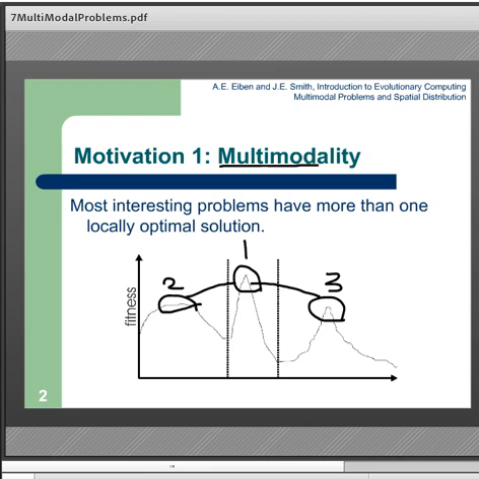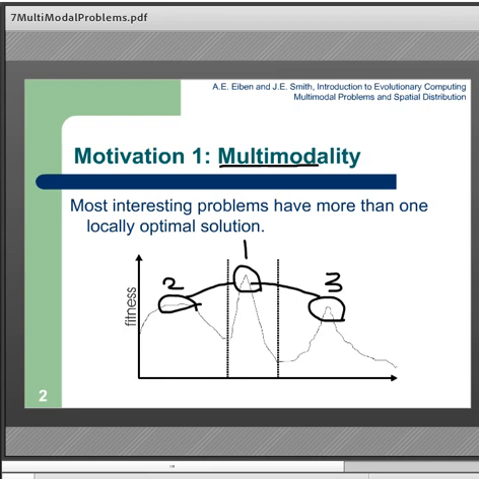So the multimodal problem relates to those problems that have more than one best solution, or have one best solution and two or three very good solutions.